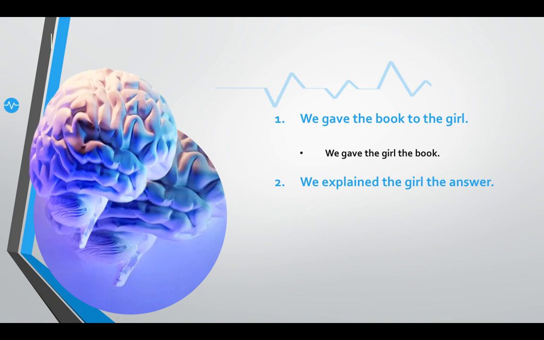We gave the girl the book. We explained the girl the answer. We explained the answer to the girl. Of course, most of you have the feeling whether the sentence is grammatically correct or not.